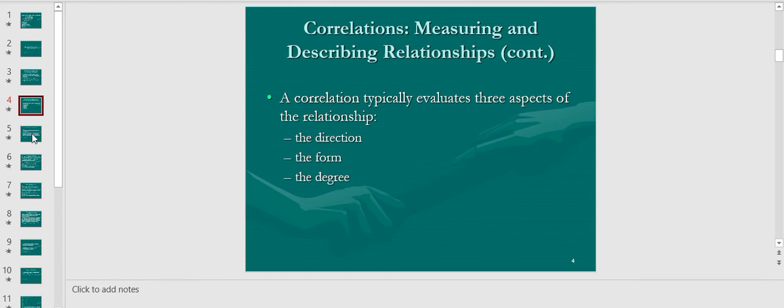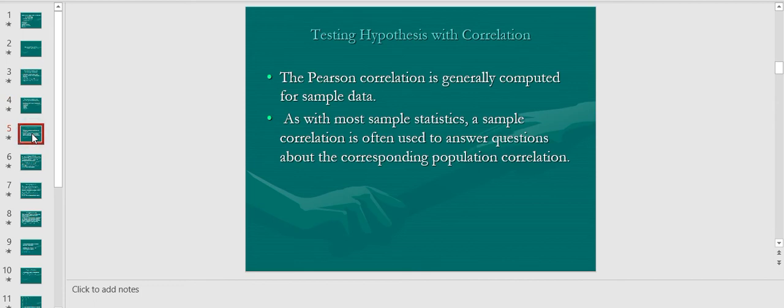Now we'll come to the hypothesis testing with correlation. Pearson correlation is generally computed for a sample, as with most sample statistics. However, a sample correlation is often used to answer a question about the corresponding population correlation.